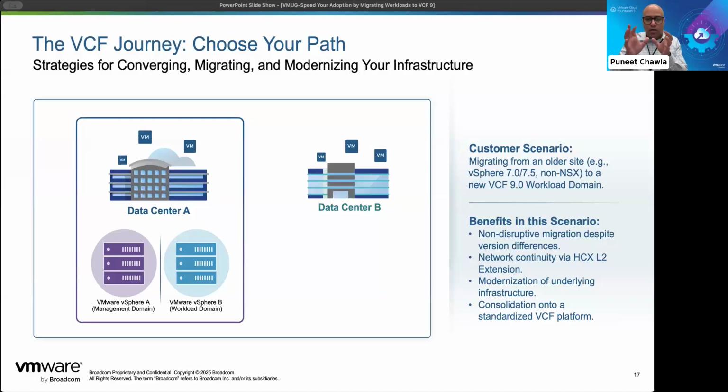So in this particular case, we don't want to upgrade it into VCF. Instead, we want to migrate these workloads into data center A. We're doing more investment in data center A, so we are consolidating both of them at the same time. And for that, we will use a solution called HCX.